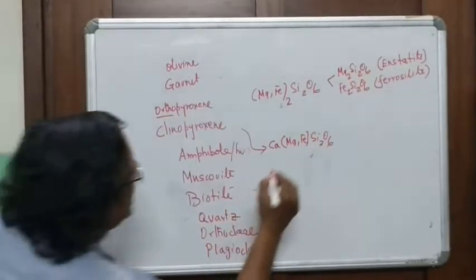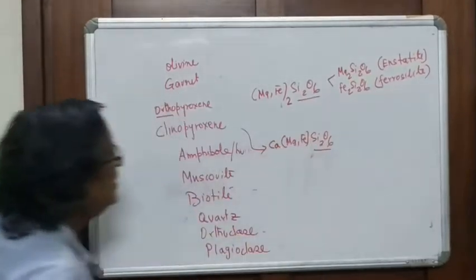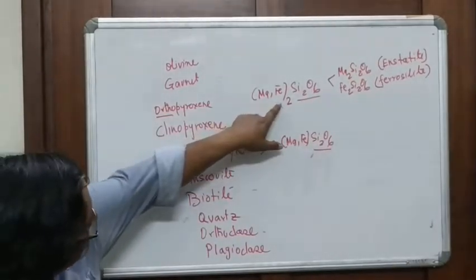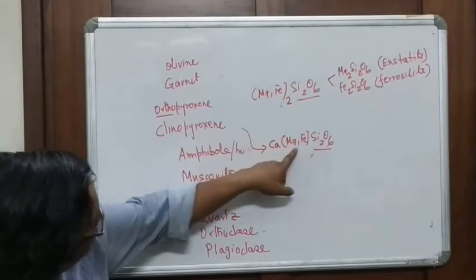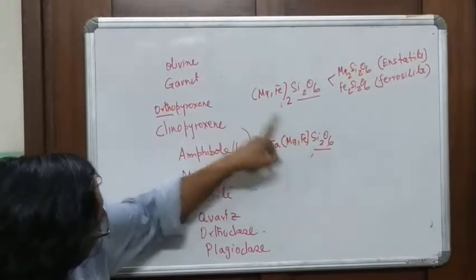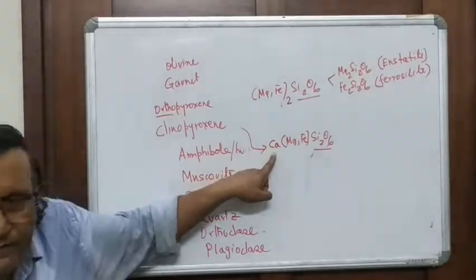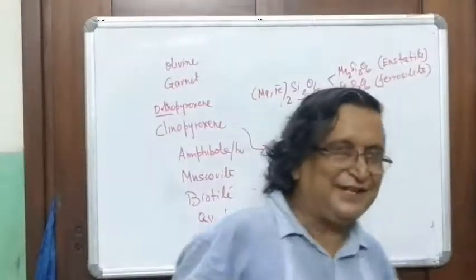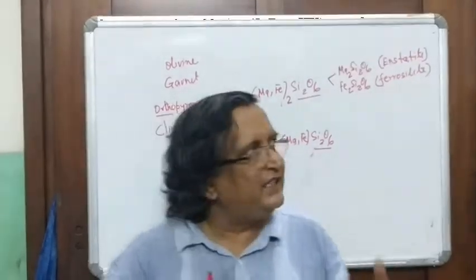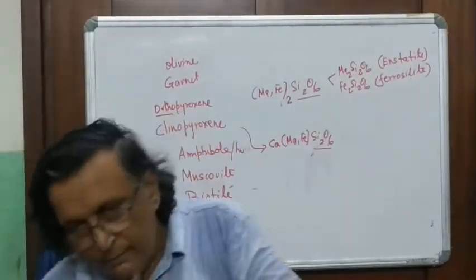Now you see Si2O6 is the same here. Only thing, there are two sites where MgFe was, but now it's been split up, where one is still MgFe and the other is filled up by calcium. You can ask me why. You have to wait till your teacher tells you why this orthorhombic system becomes a monoclinic system.